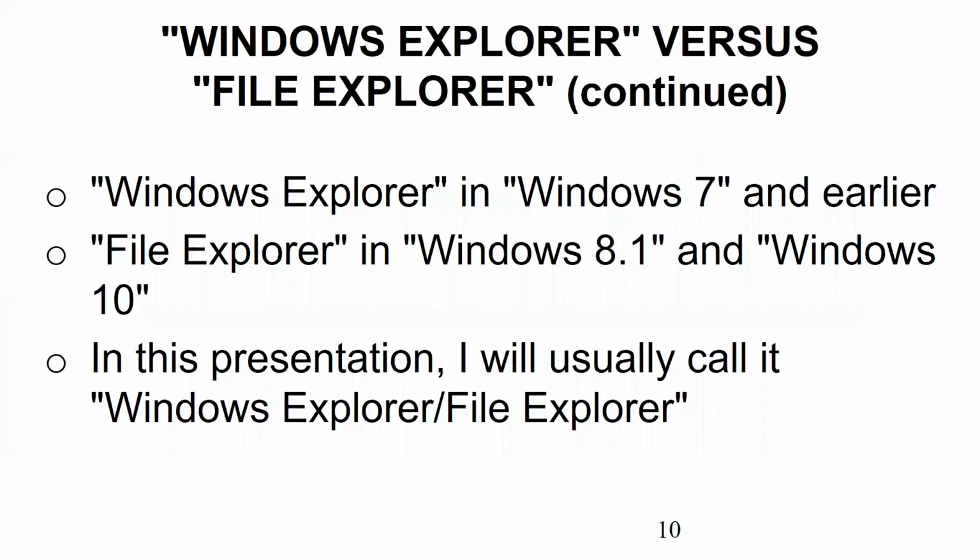That opens up, in the case of Windows 8, 10, something called File Explorer. And before Windows 8, they called it Windows Explorer. So I'm going to call it, so that I don't confuse all of you, Windows Explorer / File Explorer, because I have to deal with every version of Windows known to man as a volunteer for all these users groups.